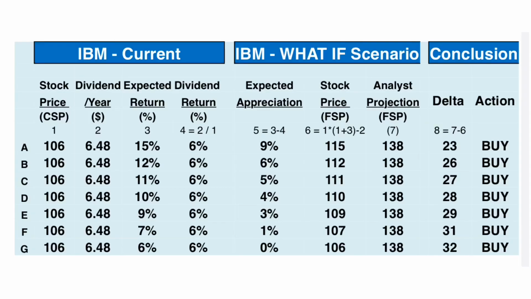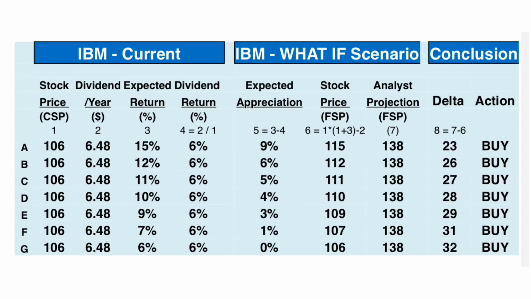Let's take an example of IBM. IBM is currently trading at 106, and the dividend they're paying is $6.48, which is about a 6% return from dividend.